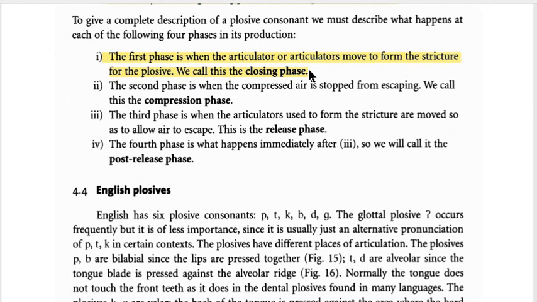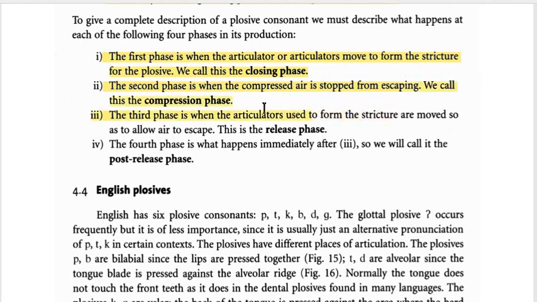When we want to make a sound like p or a sound like b, I move the lips one against the other and close them, and no air is allowed to escape. The second phase is when the compressed air is stopped from escaping.